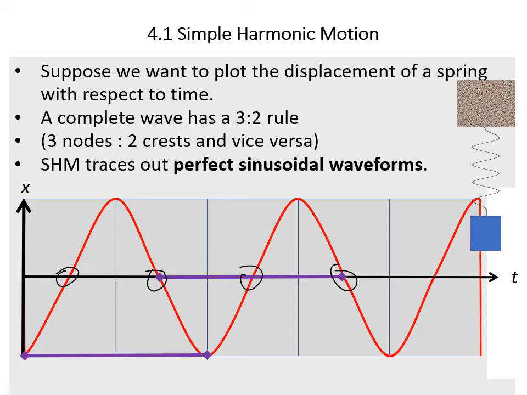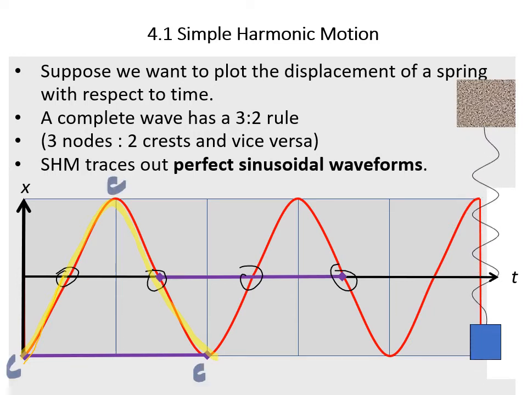And I can see this is a negative cosine wave, but this would be one cycle. Notice I have 2 nodes here and 1, 2, 3 crests, or antinodes for a standing wave. But for just a traveling wave, 3 crests, 2 nodes make up one cycle or one complete wave.